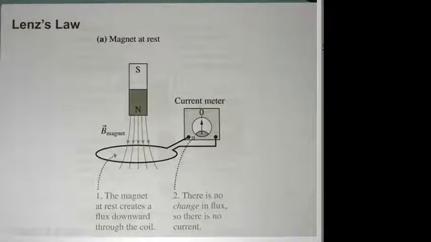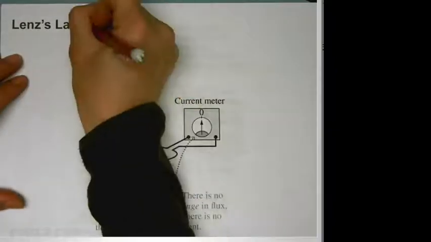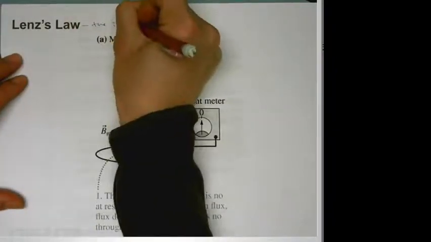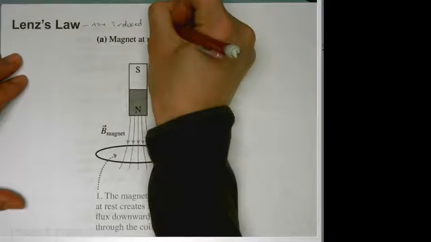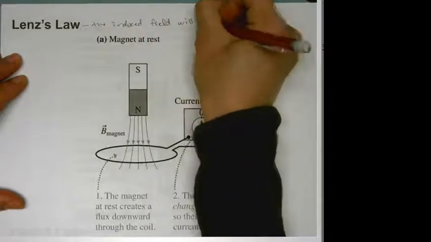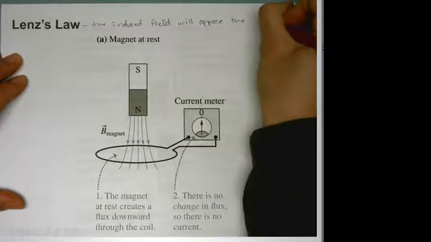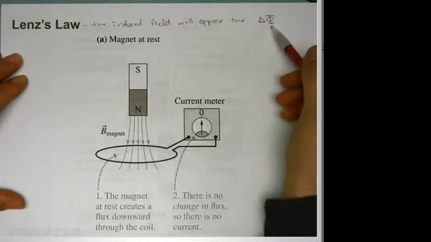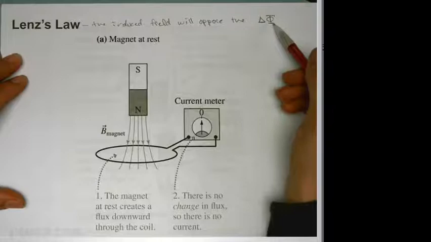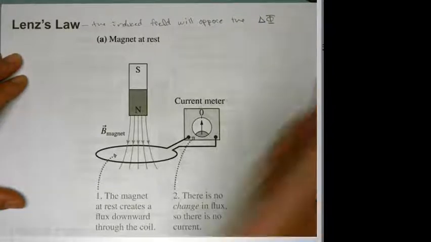Okay, so Lenz's law says that the induced field will oppose the change in flux. Remember, this capital phi is flux, so it will oppose the change in flux.